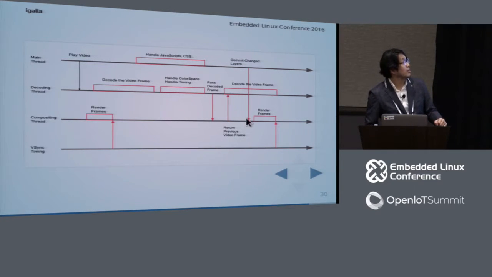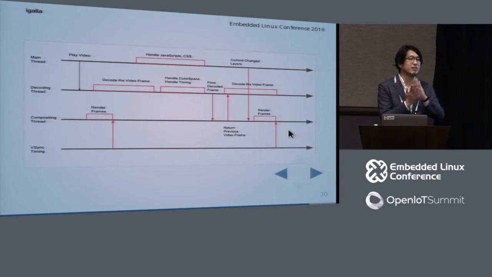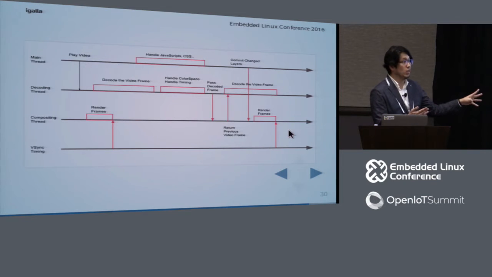So the compositing thread will render the whole scene with those layer changes and the decoded frame. It renders a single swap buffer with a new video frame and the changed layers.